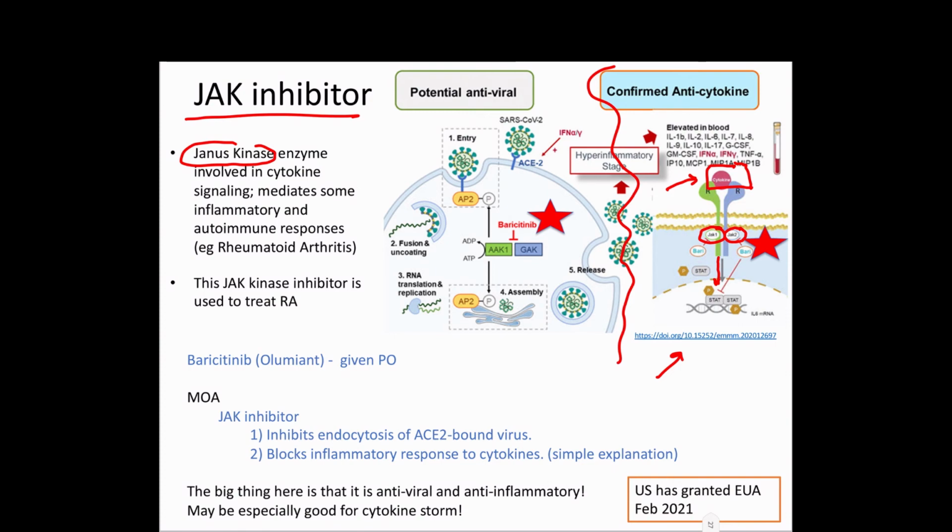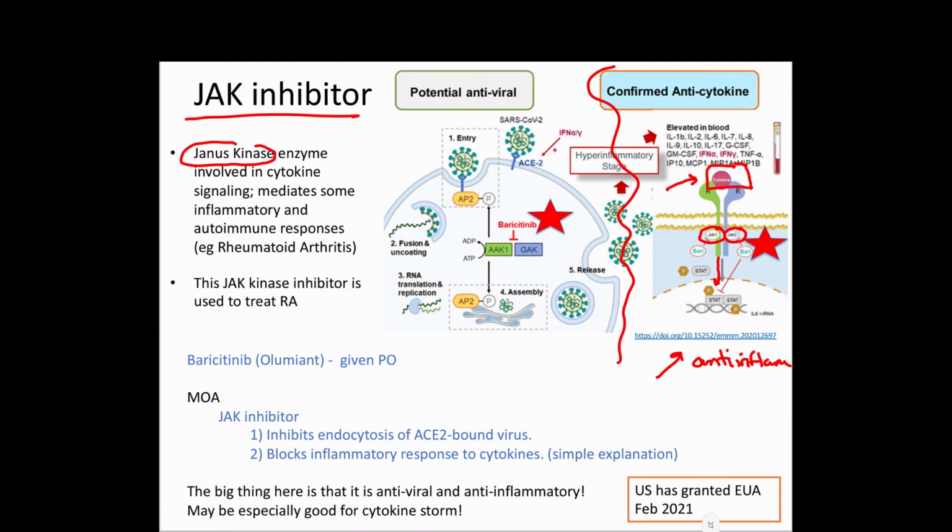So having a drug that's going to reduce inflammation, particularly by reducing cytokine-mediated inflammation, is going to be really helpful in terms of being anti-inflammatory in COVID. We do use steroids like dexamethasone, so this isn't the only drug that we have that's anti-inflammatory, but it is focused on cytokines.